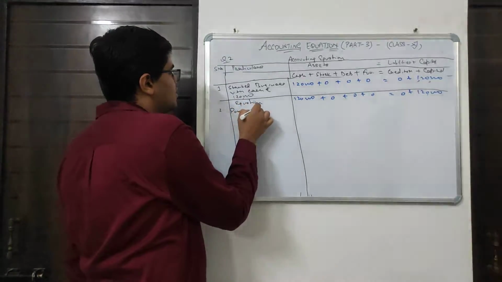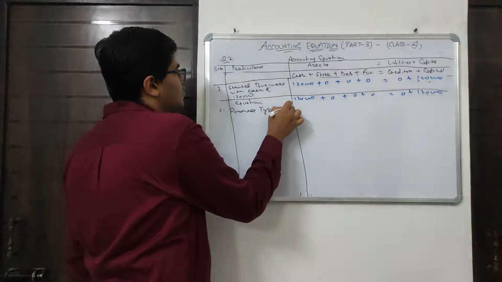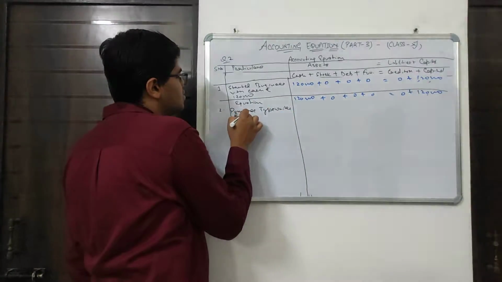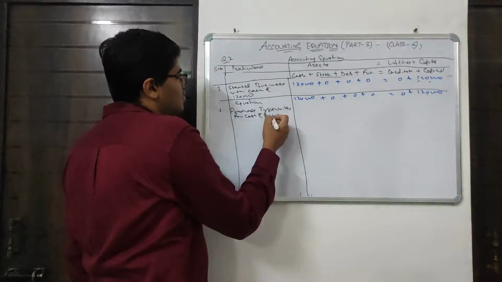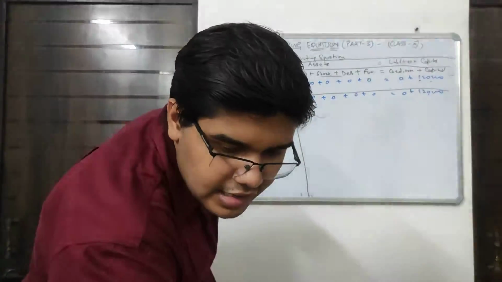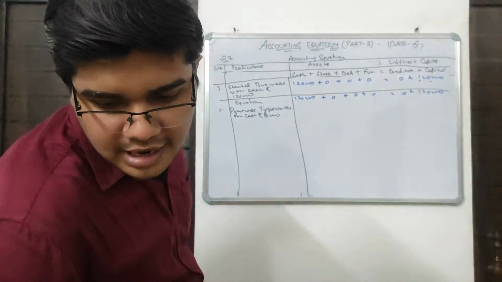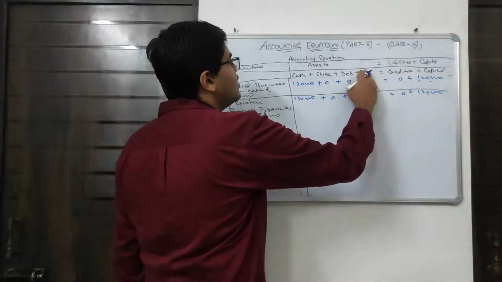Purchased typewriter for cash rupees 8,000. Since we are purchasing the typewriter, the typewriter is also an asset.